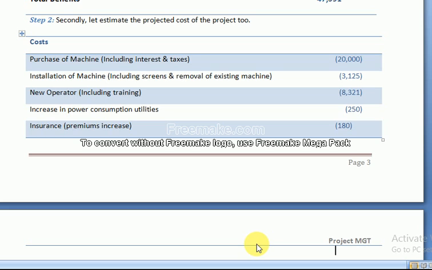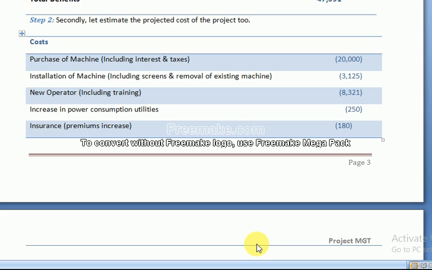When we purchase this machinery, automatically we will install it in our production unit. So the installation of the machinery, for example, including the screens and the removal of the existing machinery, will not be done for free. We will pay money to the installers. So $3,125. This is an estimate of the cost of the installation.